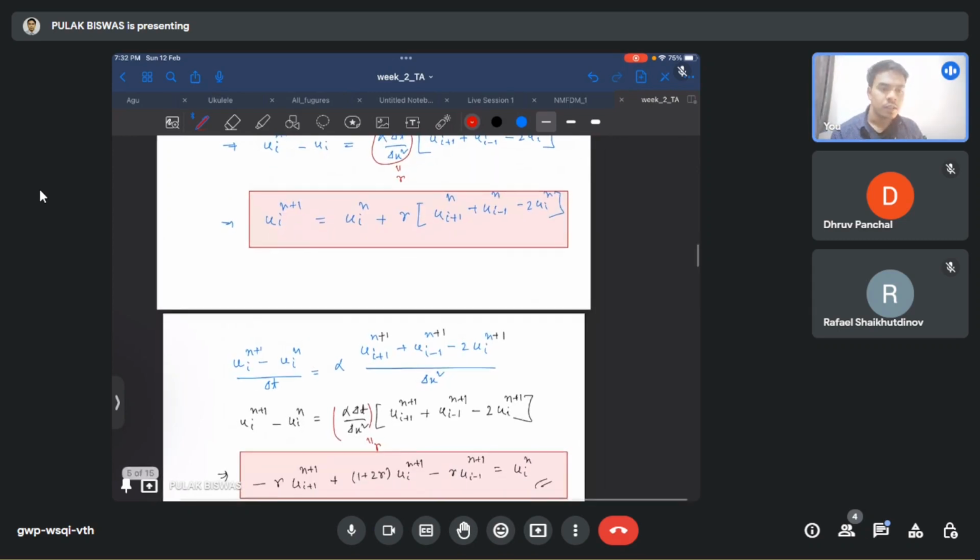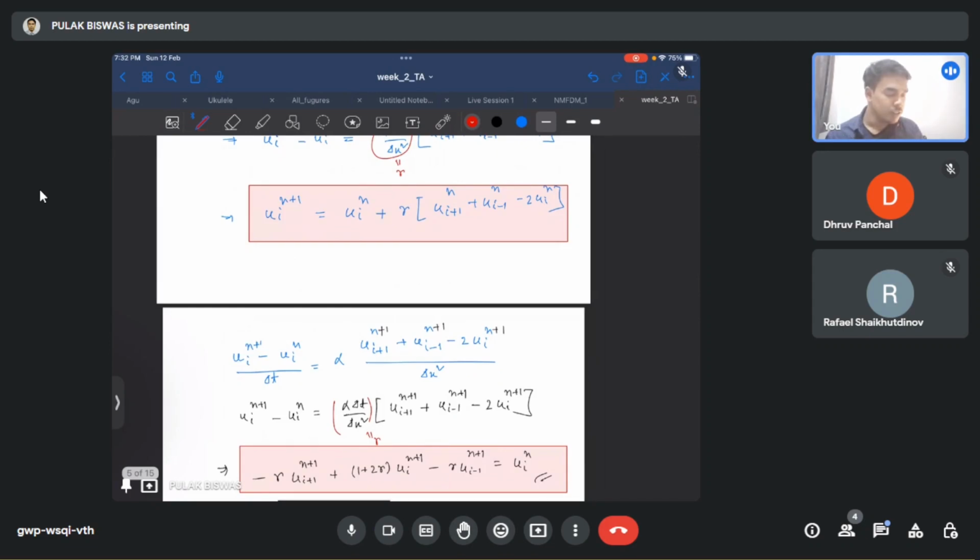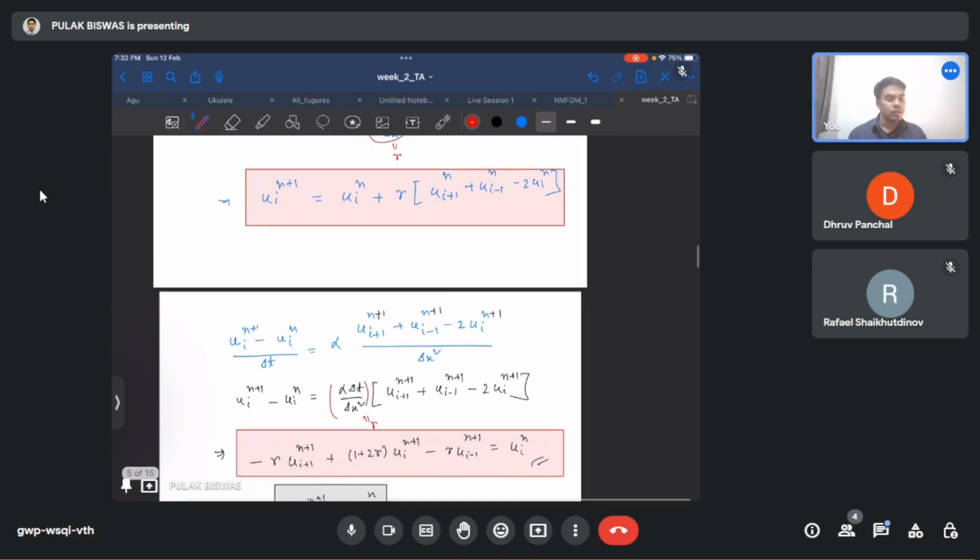So one thing is the stability issue. Crank-Nicholson is also an implicit method. So the implicit method is always stable, whatever you choose for the values of delta t and delta x.